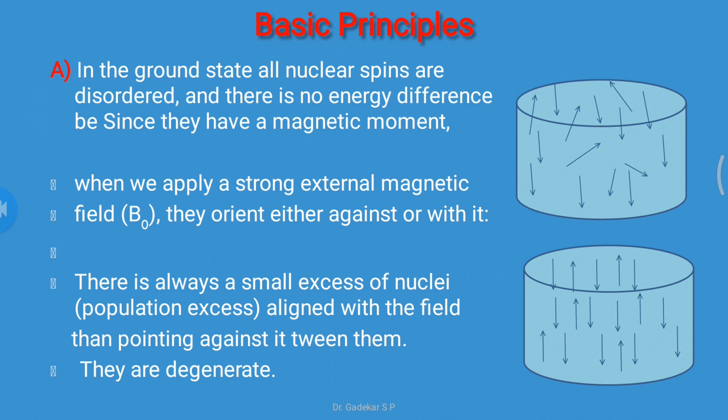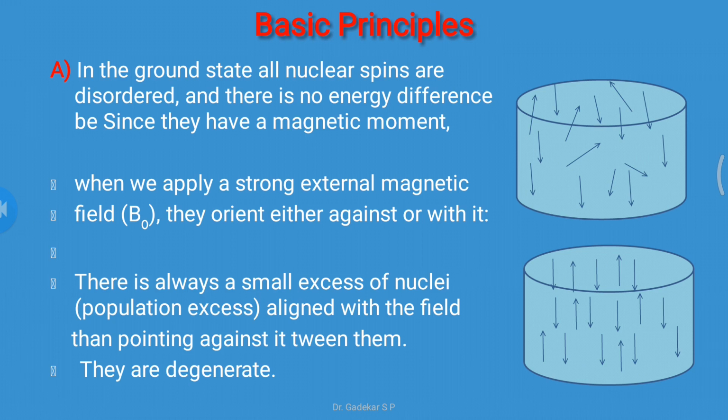In the second figure, the spins pair up and align. In the ground state all nuclear spins are disordered, and there is no energy difference between them, since they have a magnetic moment.